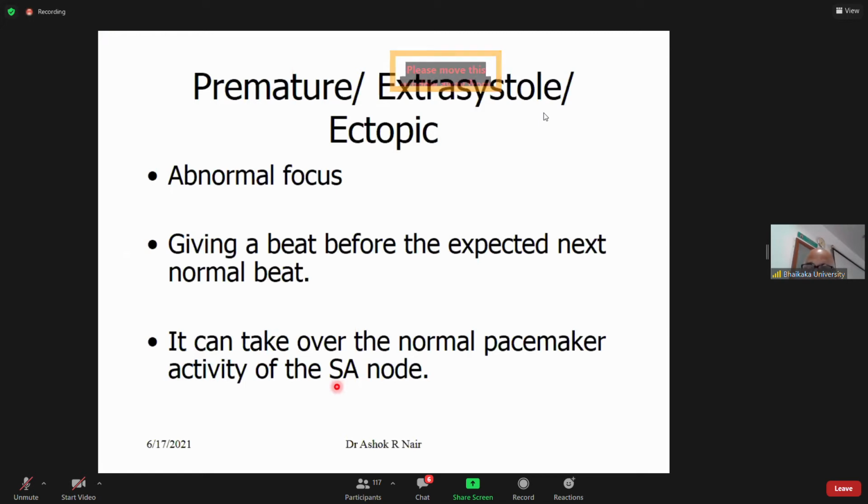It can be due to a small pathological variation which might generate just one impulse, causing one beat. That abnormal focus can be anywhere in the atrial musculature or in the ventricular musculature. Or it can give you a paroxysmal impulse.